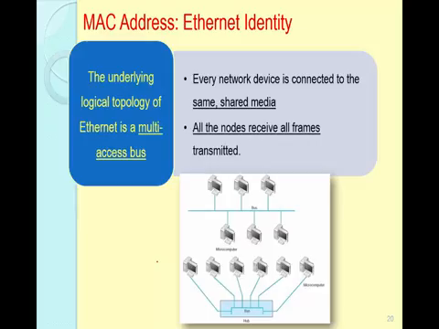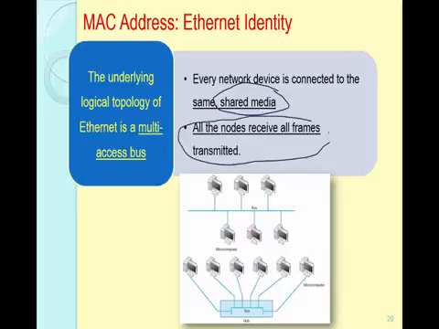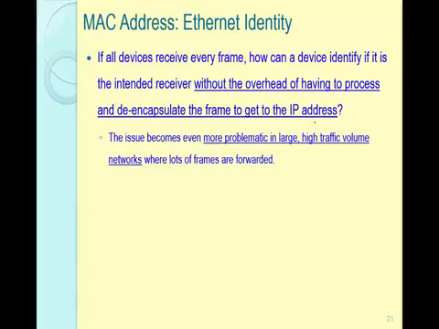All right. So again, the underlying topology with Ethernet logically is basically a multi-access bus. There are implications to that. First of all, we're talking about a shared medium, and second of all, what that means is every node will be receiving everything. Again, the same thing applies with the switch initially, while the switch is still learning where things are located.